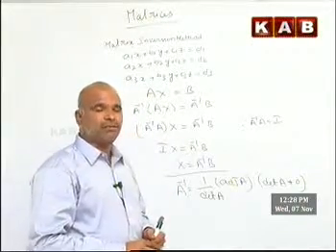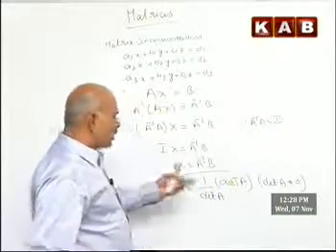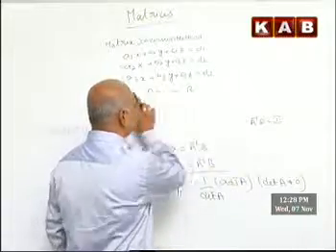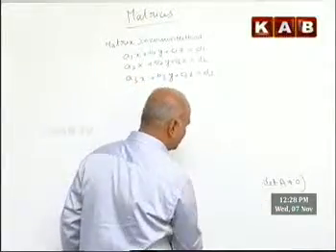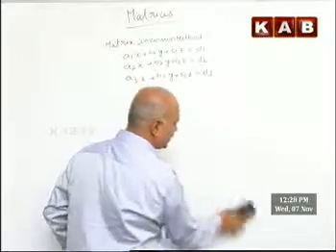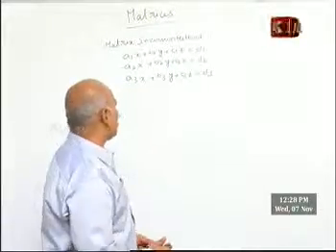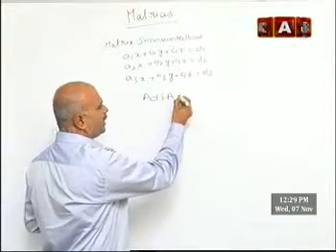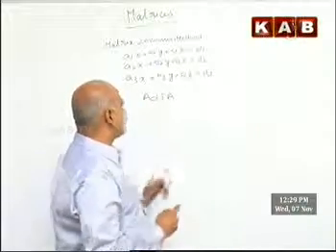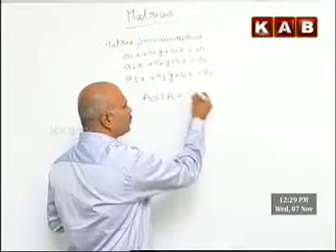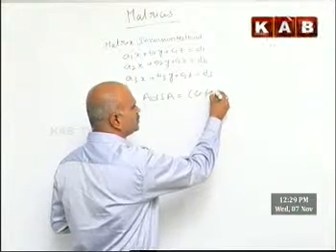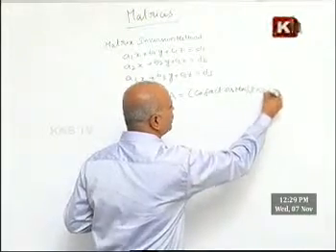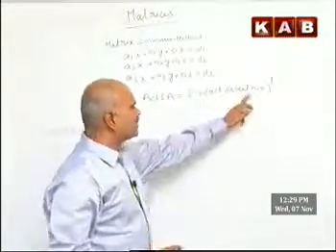Now I would like to define the adjoint matrix, and here we discuss some important points also. Adjoint A is actually equal to the cofactors matrix transpose.